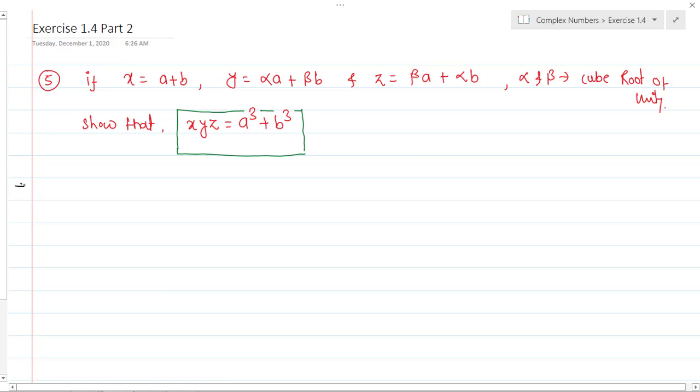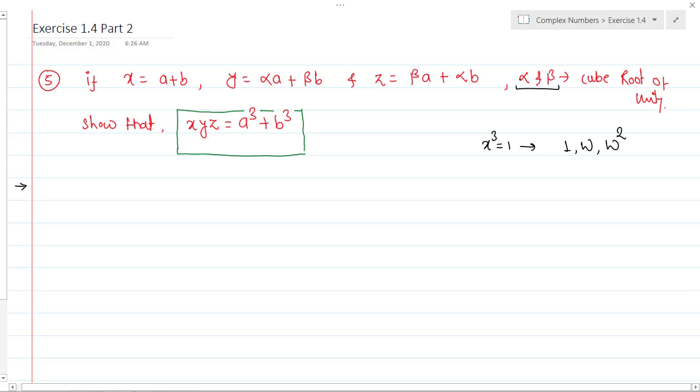If alpha and beta are the cube roots of unity, what will be the other cube root of unity? How many roots do we have for x cube equals 1? We have 3 roots. One is 1, another is omega, and another is omega square. In this question they have told me that the cube roots are alpha and beta.